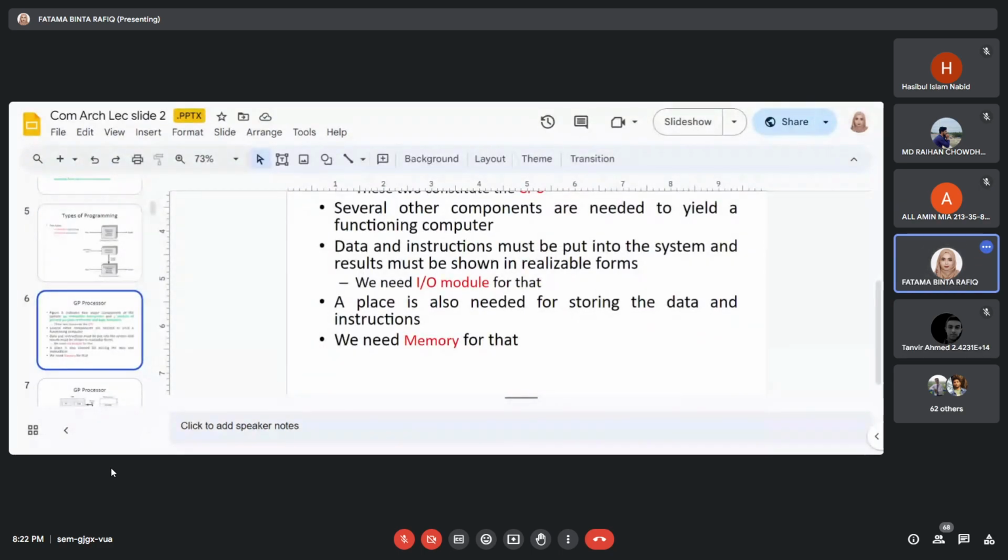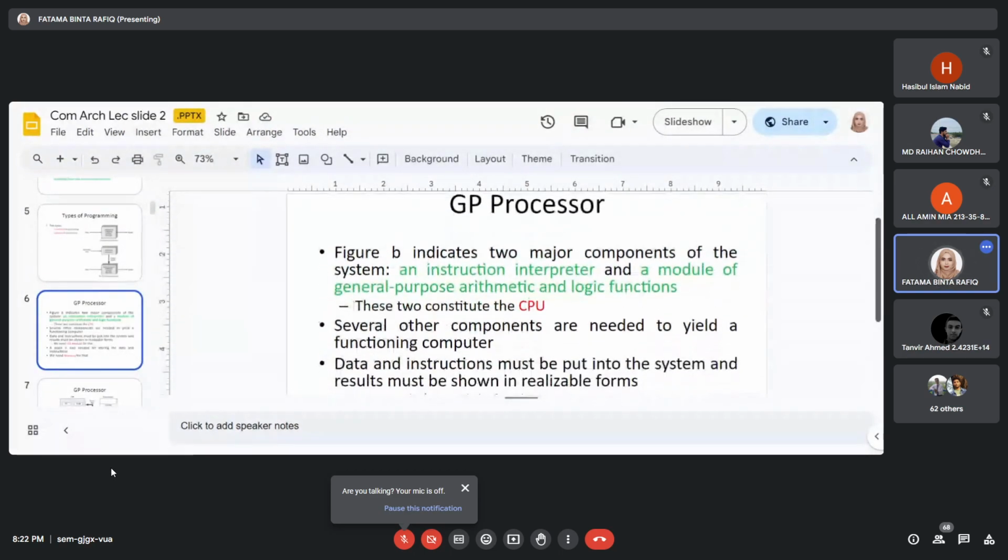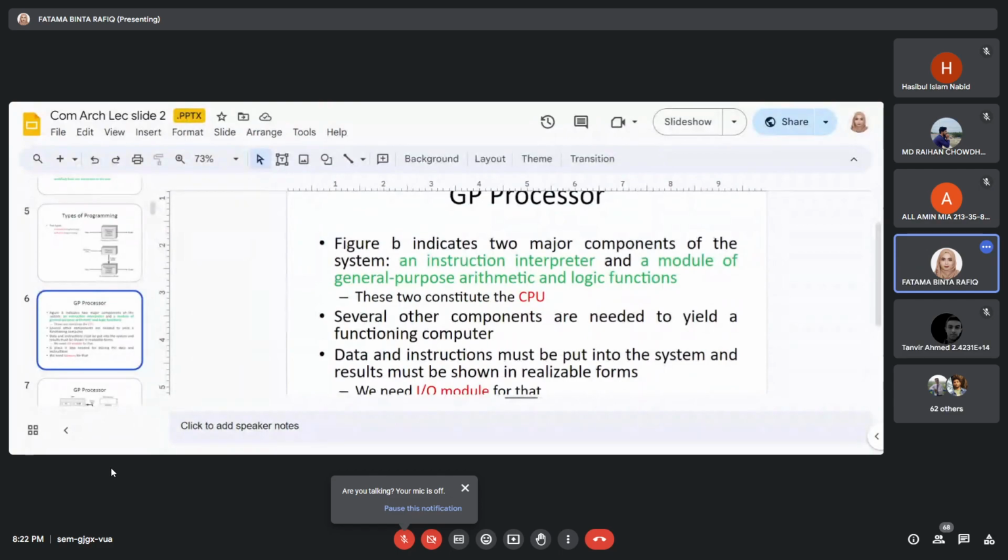Now, GP processor. What is GP processor? General purpose processor, actually. In a computer, we have seen that it is divided into some units. One unit is IO devices, like input and output devices. One is memory and another one is CPU.